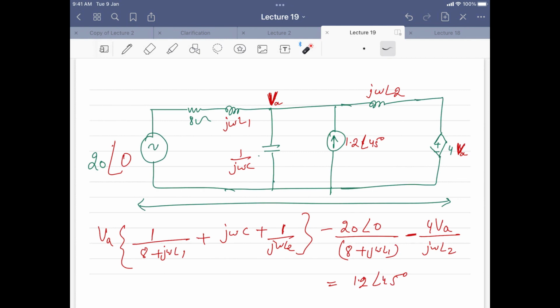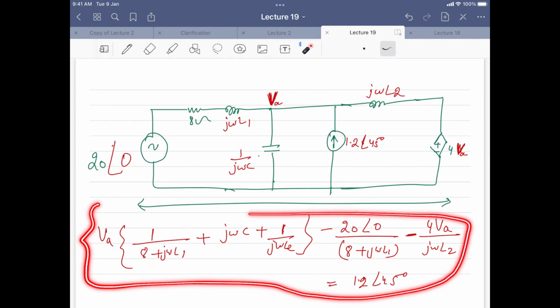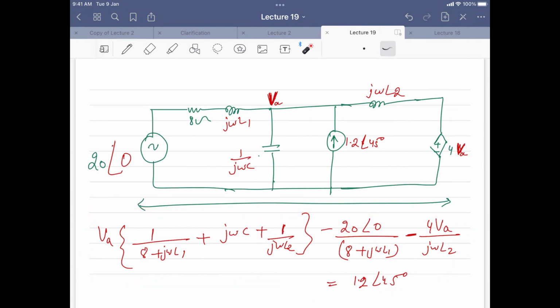Anyone having any problem can ask me now. I am assuming that all of you are comfortable with this if nobody is asking. So this is simple nodal analysis, and what we are doing is assuming the currents flowing in all branches outside. If you do this, you will get this answer.